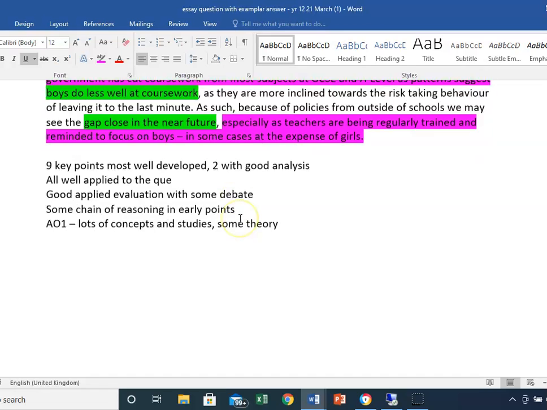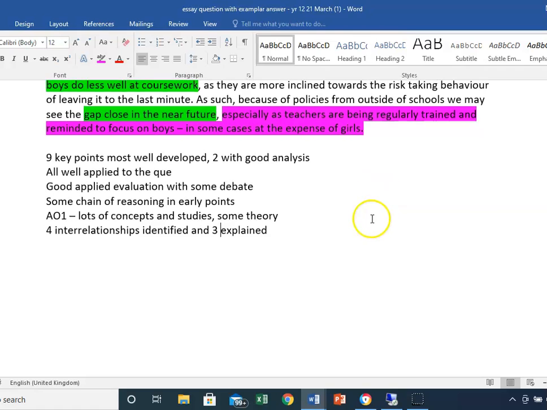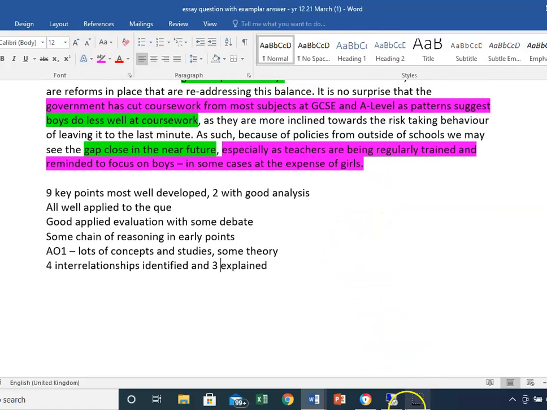So there's about 4 interrelationships identified and explained. And I think only 3 of them were explained, not 4. And 3 explained. So there's my sort of general comments I would write on the exam script itself.